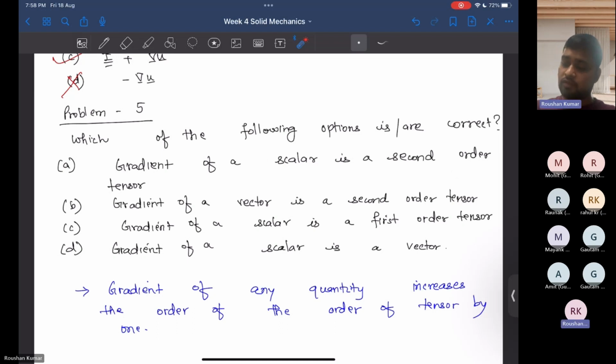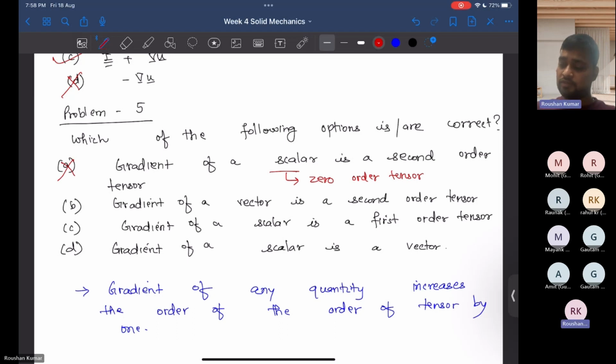So no, this is not correct, because a scalar is a zeroth order tensor, and if we take the gradient, it becomes a first order tensor, not a second order tensor. So it is an incorrect option.